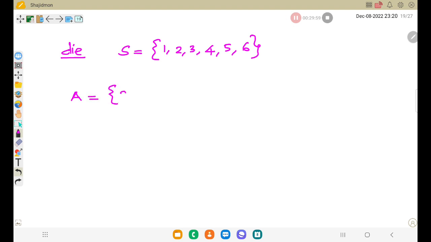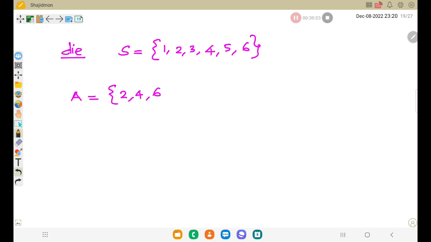See, for example, I can show here. When we are throwing a die, you know the sample space. Correct? What is the sample space? 1, 2, 3, 4, 5 and 6. Now I am defining two events here. One event is A. A means getting an even number, that is 2, 4 and 6.